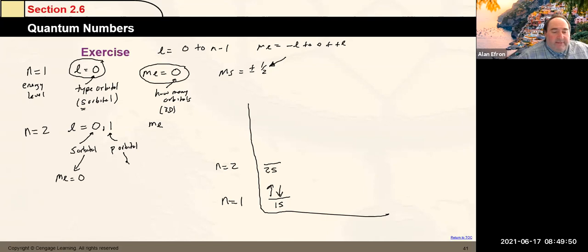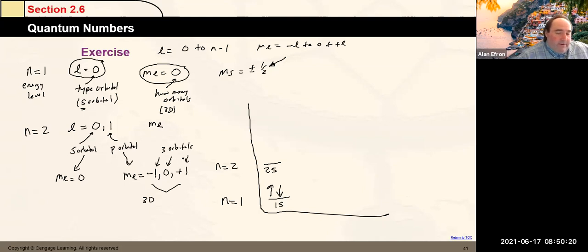When we do our m sub L value for 1, it goes from minus L to plus L. This would be minus 1, 0, and plus 1. These again represent the 3D orientation of these orbitals in three-dimensional space. It also tells you, if you just count up the numbers here, that's 1 number, 2 numbers, and 3 numbers, that is how many orbitals we have.